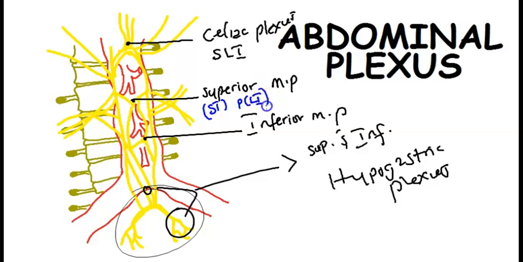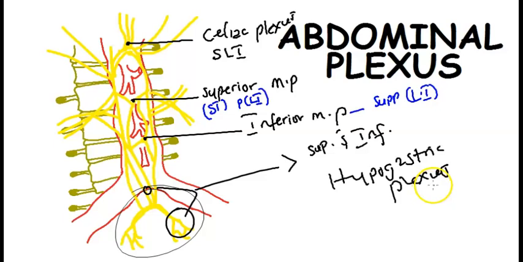And here we have the inferior mesenteric plexus, which supplies the lower intestine. And here we have the superior and inferior hypogastric plexus.